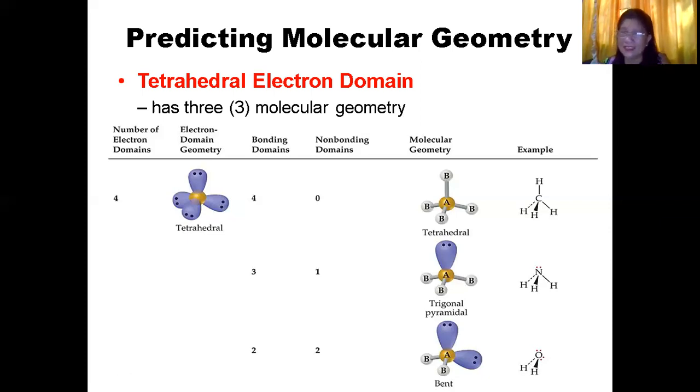So there will be 8 electrons in all. You can see this is 1, 2, 3, 4. And this is in the form of bent.